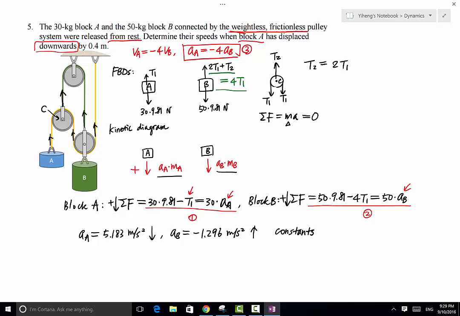Therefore, for block A, we can apply this equation, that its velocity VA squared equals its initial velocity squared plus 2 times constant AA times delta SA, which is 0.4 meter.